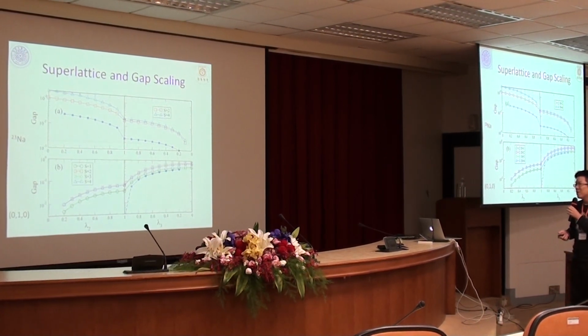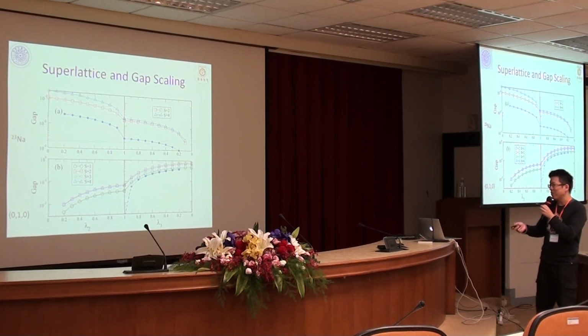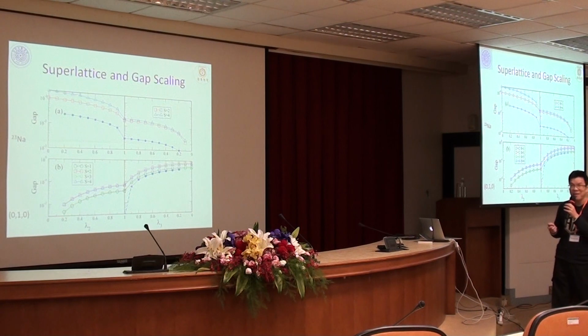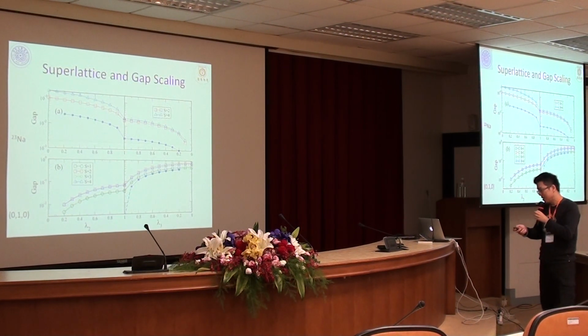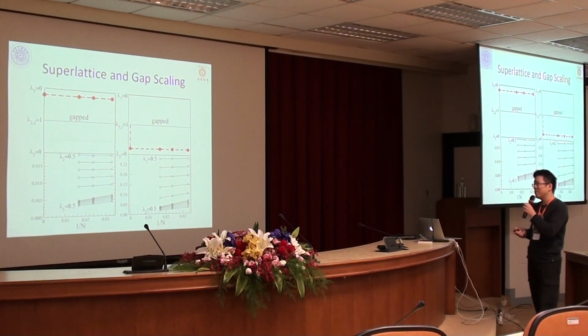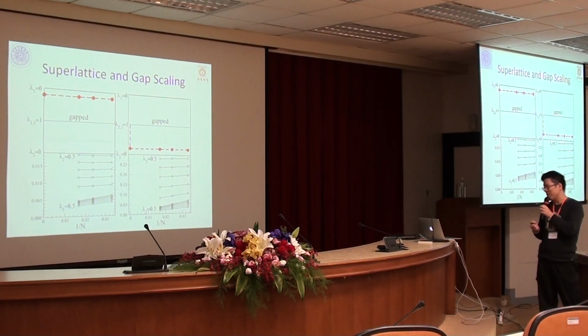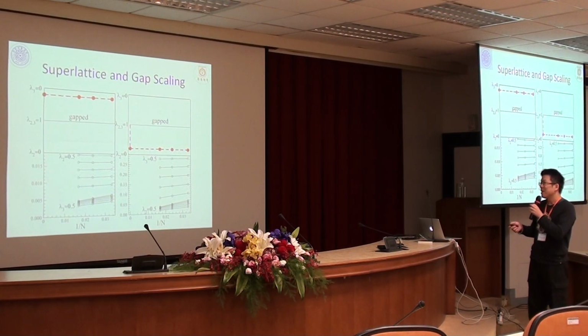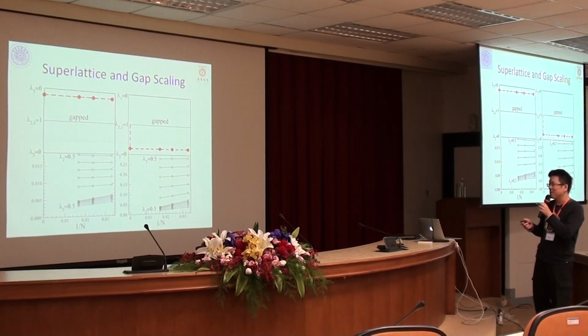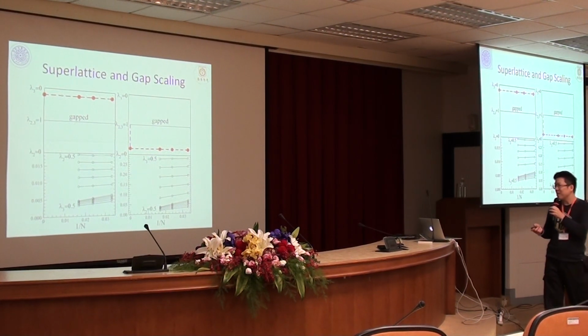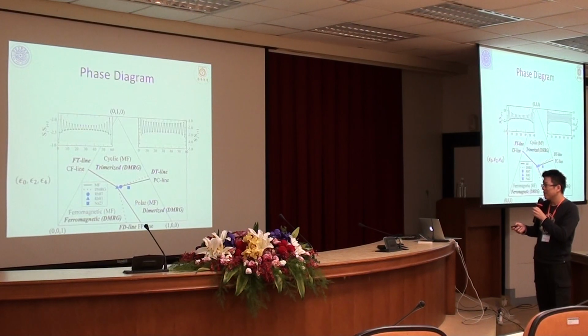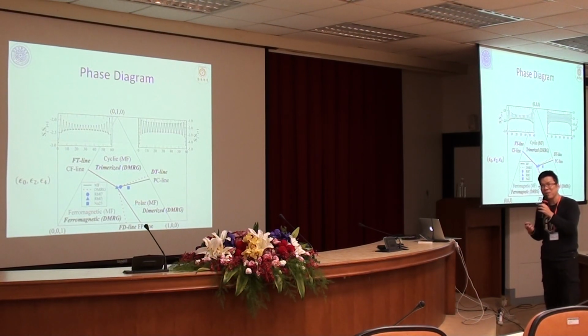So that means that without any superlattice, this so-called trimerized phase is actually gapless in the thermodynamic limit. For this, you can do a 1/n scaling of your gap with different superlattices. So from this figure, we can suggest that for this trimerized phase, it's actually gapless in the thermodynamic limit.